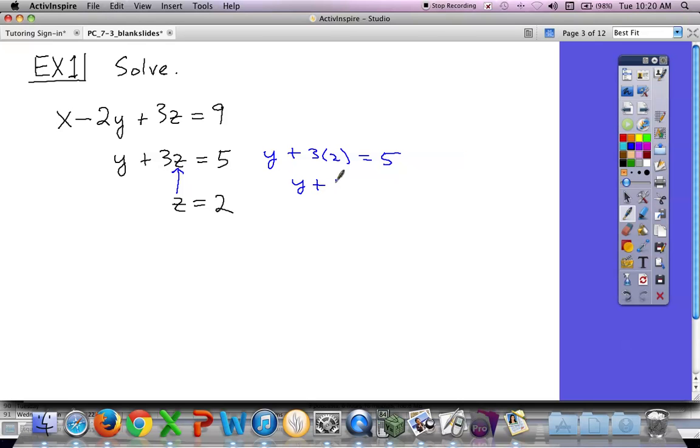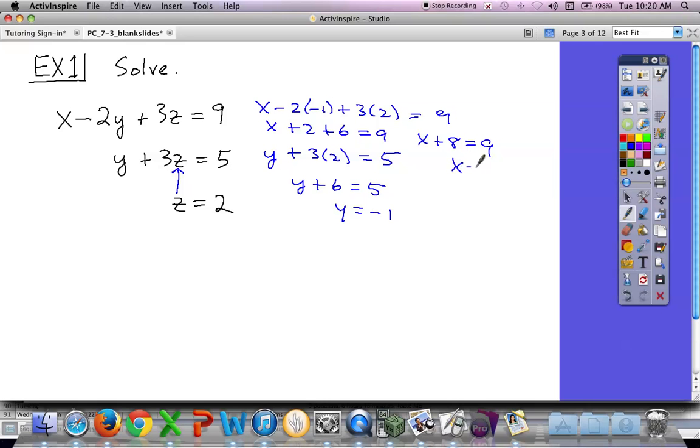So y plus 6 equals 5. y equals -1. And then, since we know y and z, we can go to the first equation, plug in for y and z, and we can solve for x. x minus 2 times -1 plus 3 times 2 equals 9. So x plus 2 plus 6 equals 9. x plus 8 equals 9. x equals 1.